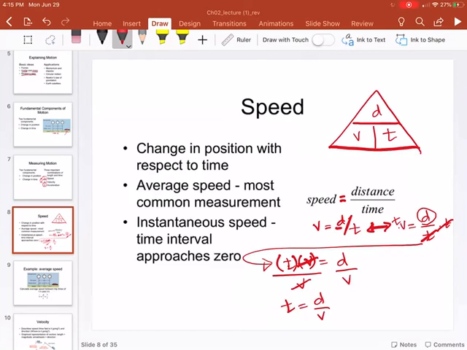So if you were solving for the velocity, like the regular equation, you put your finger over that v, and you see how it's distance, and then there's like this line right here, divided by time. So v is equal to distance divided by time. If I wanted to solve for distance, you put your finger over the d, and see how velocity and time are right next to each other?